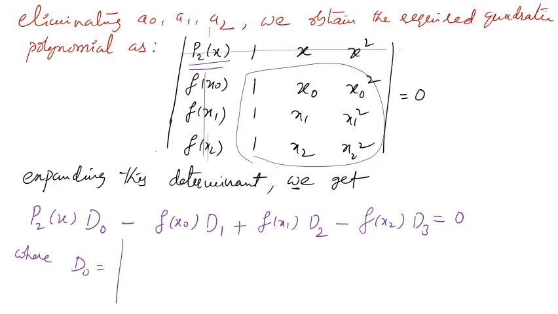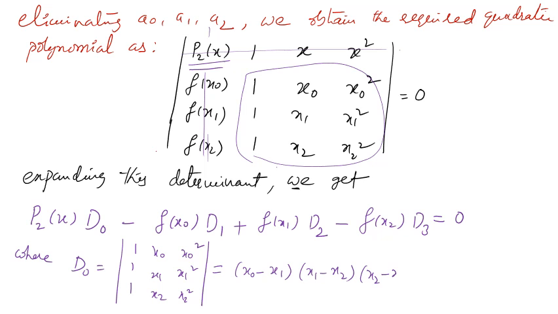So now let me write what is d0. Clearly, P2(x), what is the cofactor of P2(x)? This one: 1, x0, x0 square; 1, x1, x1 square; 1, x2, x2 square. This is the determinant. And if I expand this determinant, what I am getting: x0 minus x1, x1 minus x2, x2 minus x0.